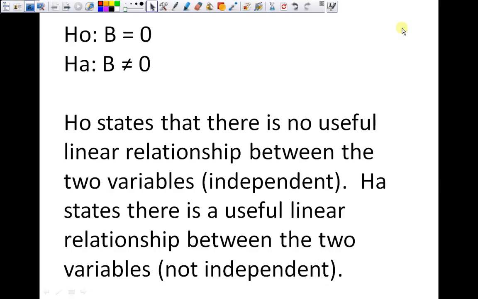So the next thing we're going to do is we're going to be interested in testing to see whether the true slope between two variables is 0 or if it's not 0. If the true slope between two variables is 0, then what we're saying is that they're independent of each other. There's no useful linear relationship between those two variables. And if the slope is not equal to 0, then there is some type of useful linear relationship.